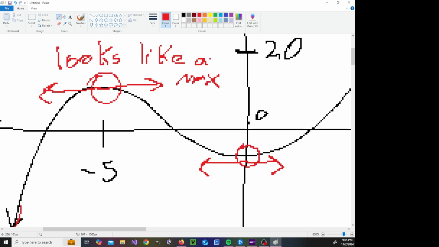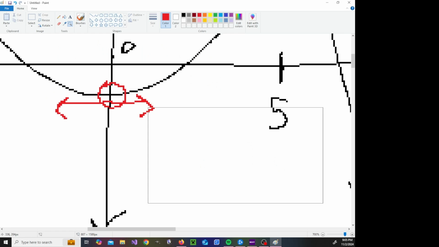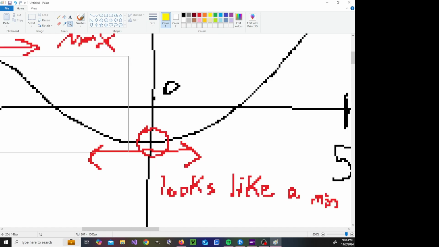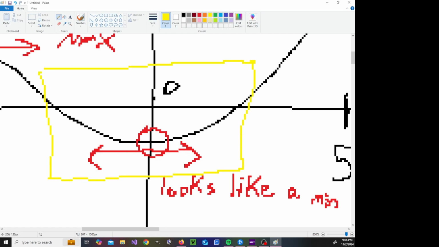And similarly, if I just zoomed in far enough, this looks like a minimum. And locally speaking, if all the function that we can actually see is inside this yellow box, then yes, that would be a minimum value inside of that yellow box.